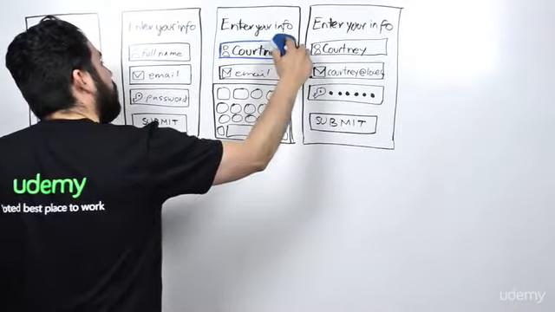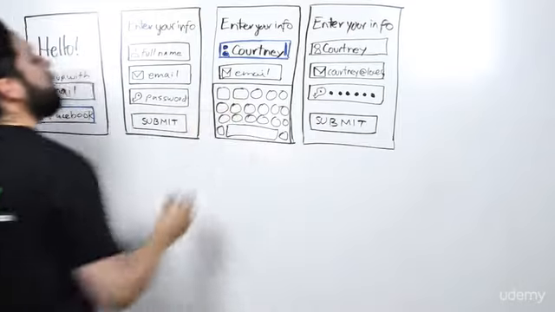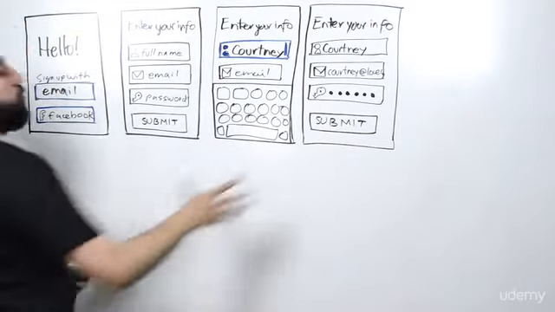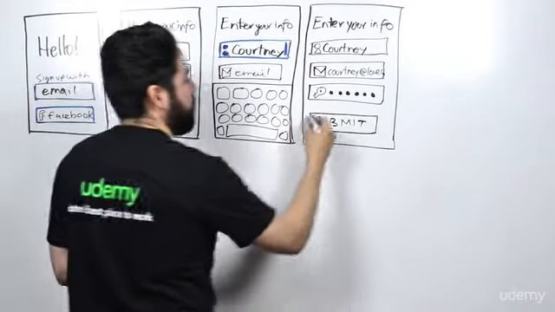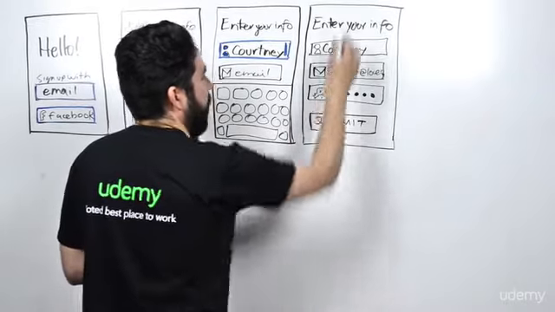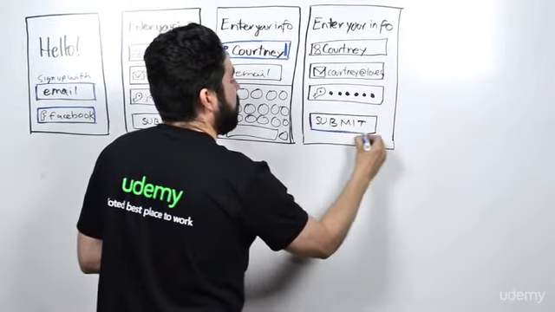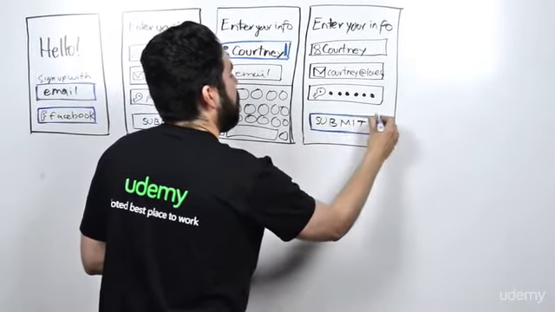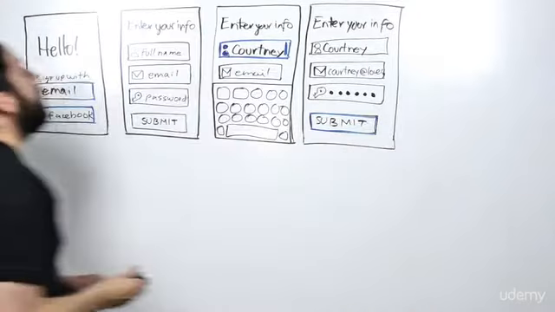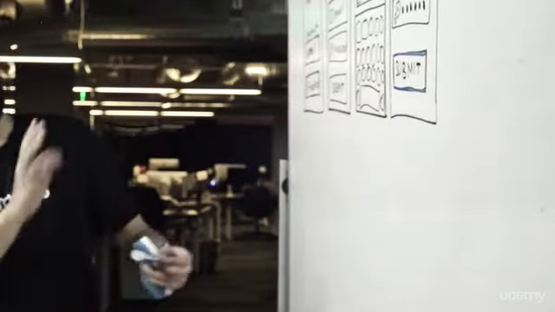And we can even add, like, when you're entering something. And now over here, the focus is on the submit button, right? Because you have entered all of your information. So let's add this to the submit button. Beautiful. So now we have our first 4 screens.